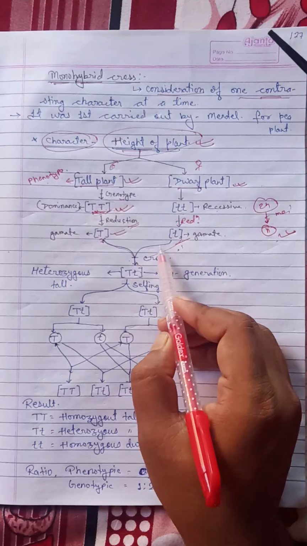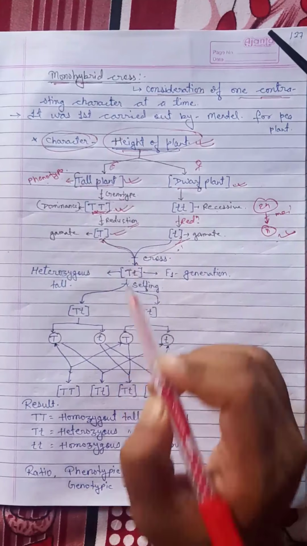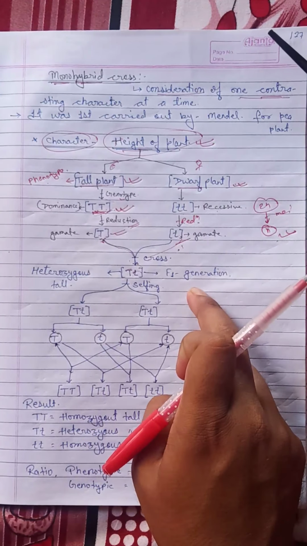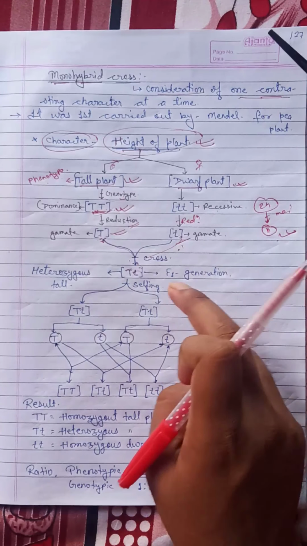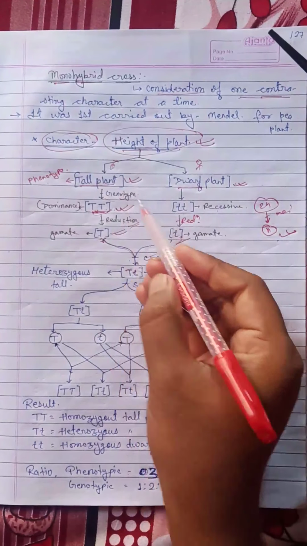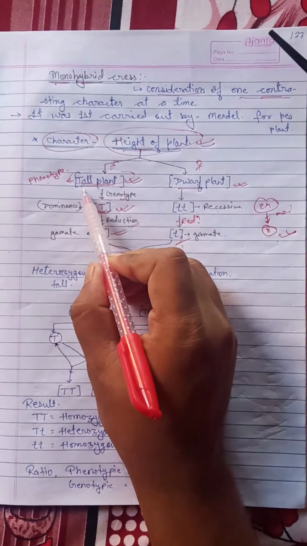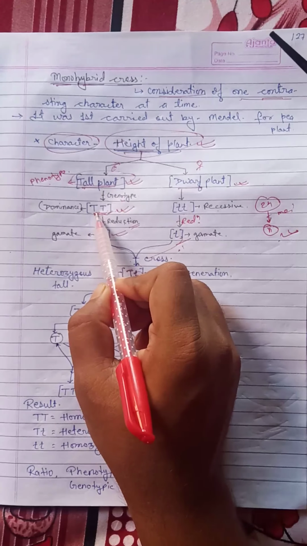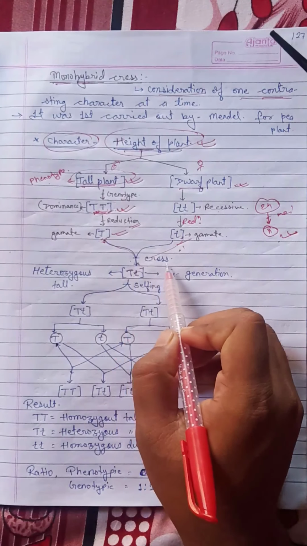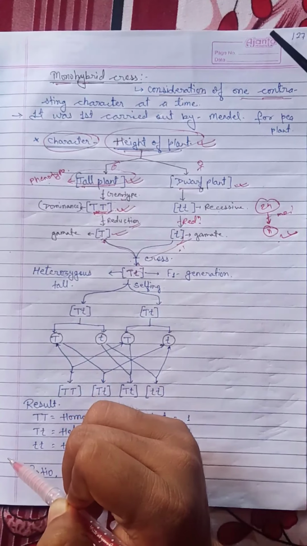Capital T crosses with a small t. This will form capital T and small t together, and this is the F1 generation. Always remember one thing, the F1 generation. If one plant is homozygous tall and the other plant is dwarf, then the product obtained will be heterozygous tall.